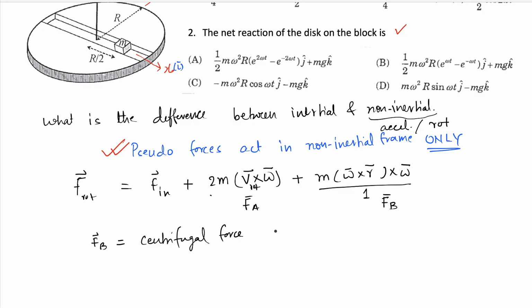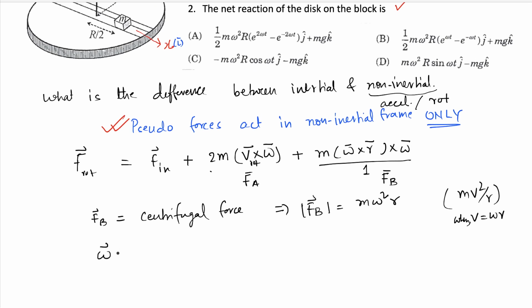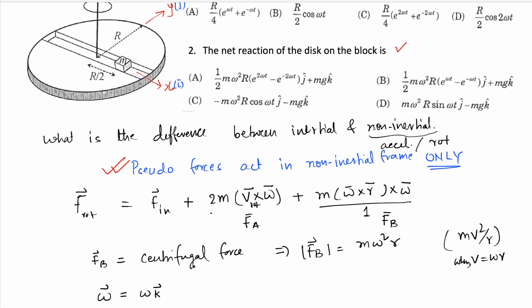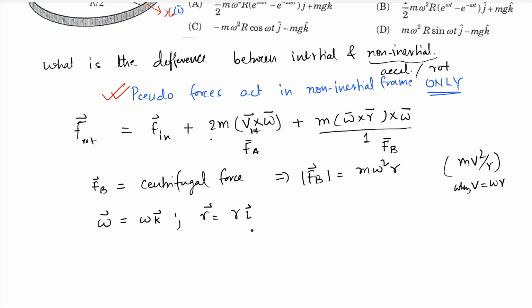And you might already be knowing the magnitude of this is m omega square r, mv square by r also, we said when v is equal to omega r. Okay, right? You might be aware of this. Now let's see what is omega. Omega is omega into k. It's given, right? It's right here. Okay, and r is nothing but r into i. R is in the x direction.